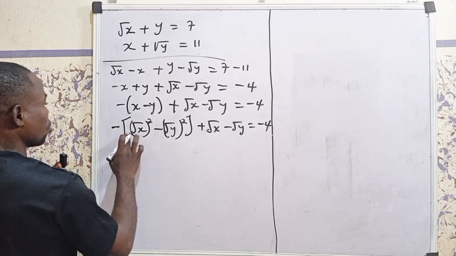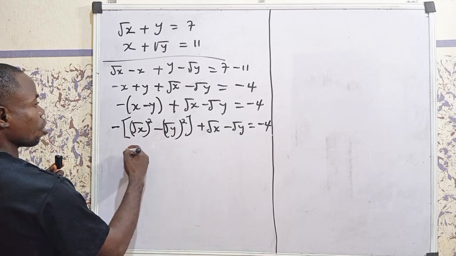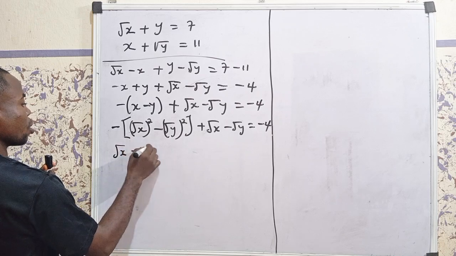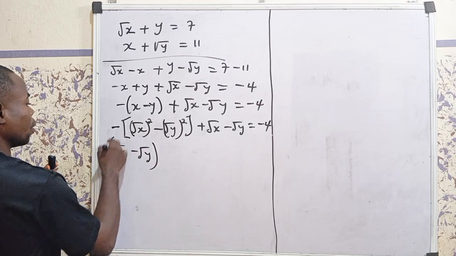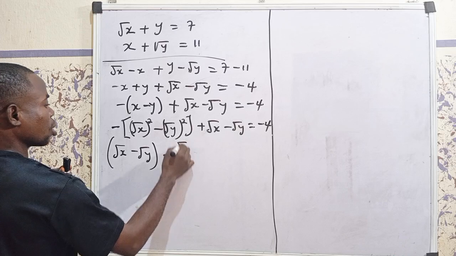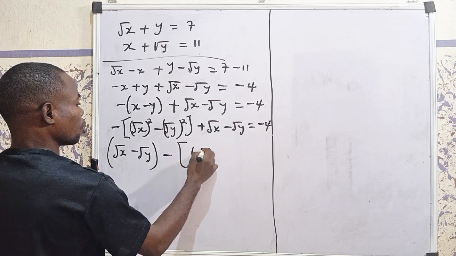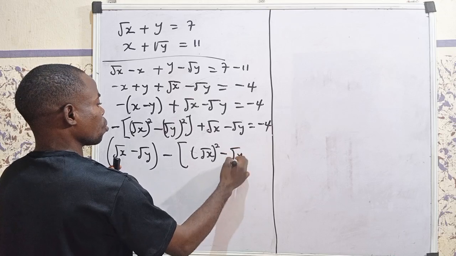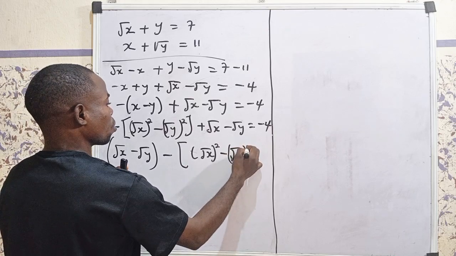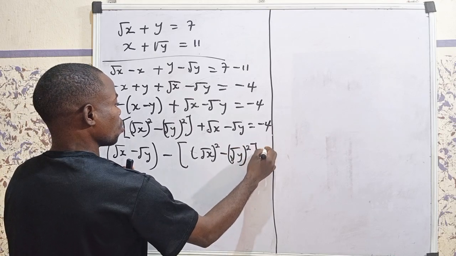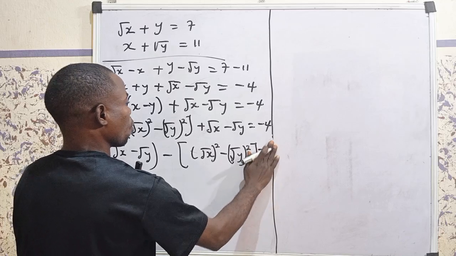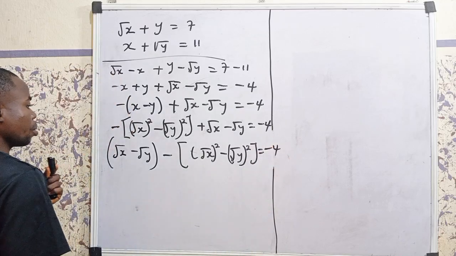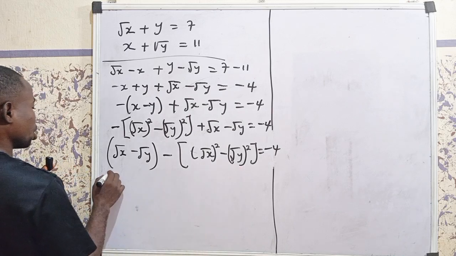Okay, but before then, let me just write this one first. Root x minus root y, okay, minus root x squared minus root y squared equal to minus 4. Okay, then let me expand this.